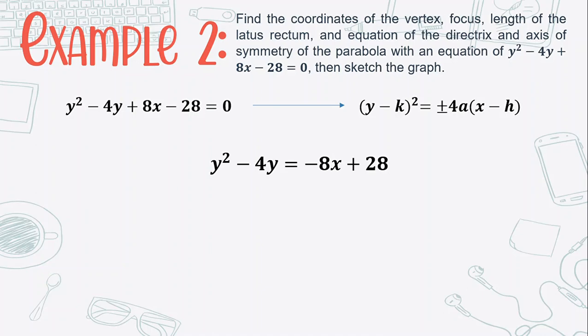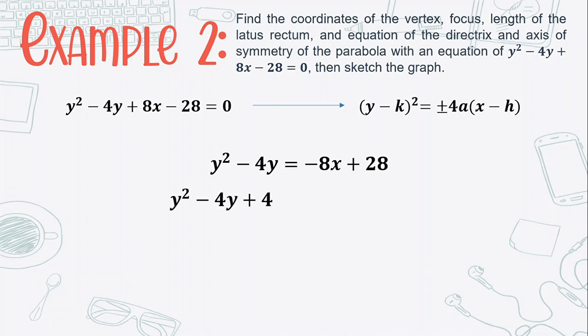Then again, let's perform completing the square by dividing the coefficient of the first degree term by 2 and squaring it, then writing it as the third term of the group. That applies to y squared minus 4y. Now half of negative 4 is negative 2, then the square of it is 4.